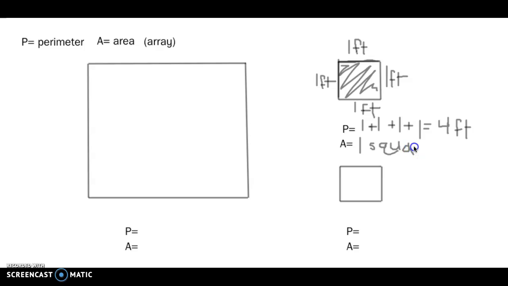And we sometimes hear it 1 square unit, but our unit is feet. We're measuring in feet. So 1 square foot. Because this is one whole block. This is 1 square. Good.